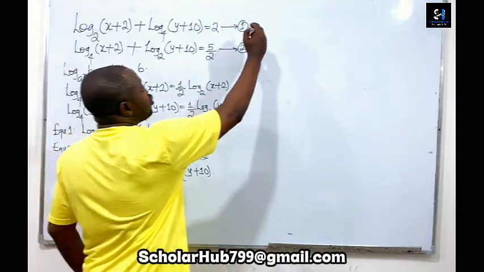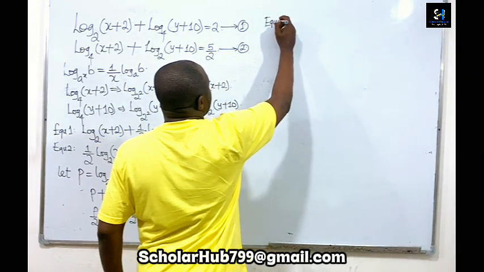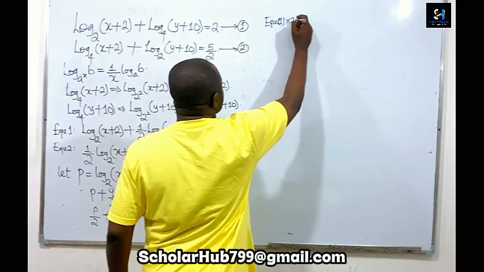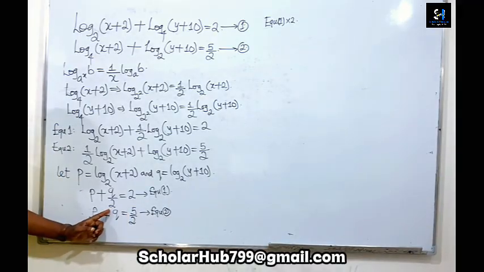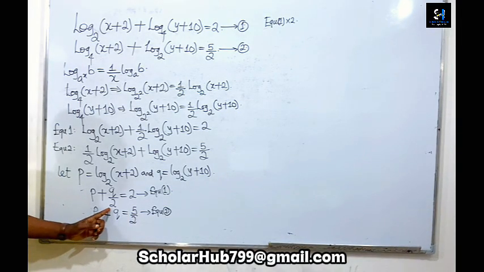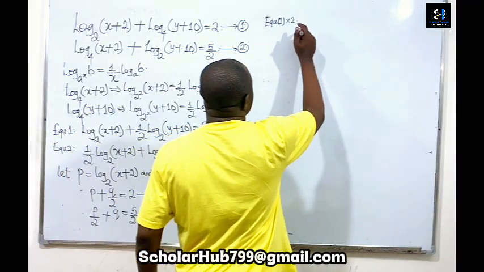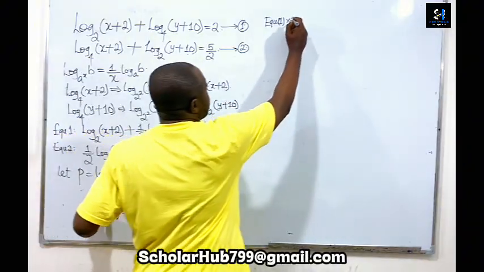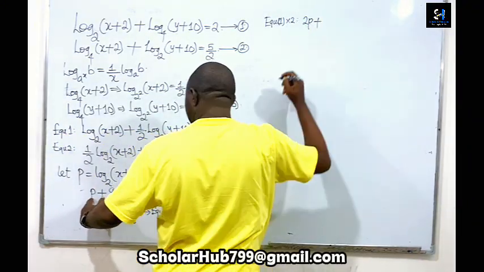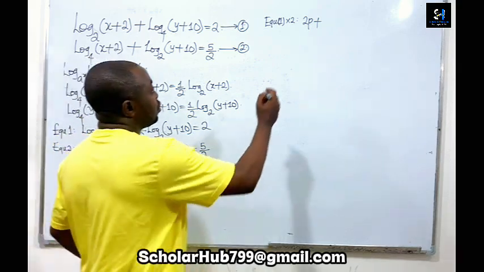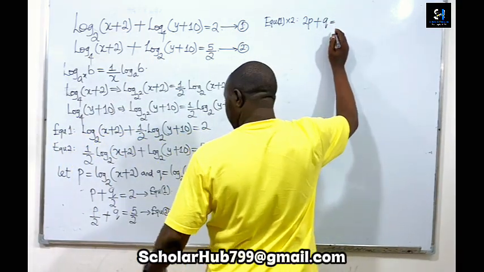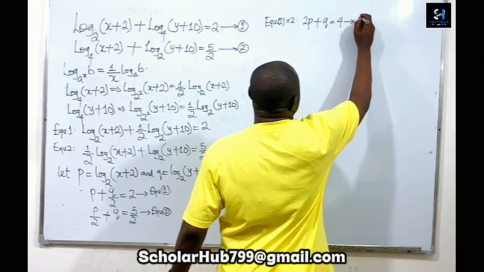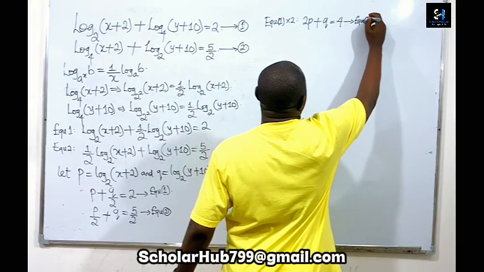Now, I'm going to multiply equation 1 by 2, because I need to get rid of the 2, the denominator of q. So I'll multiply equation 1 by 2, and that will be 2 multiplied by p, that will be 2p. Then 2 multiplied by q over 2 will be q. Then 2 times 2 is 4. So now we have another equation. This will be equation 3.